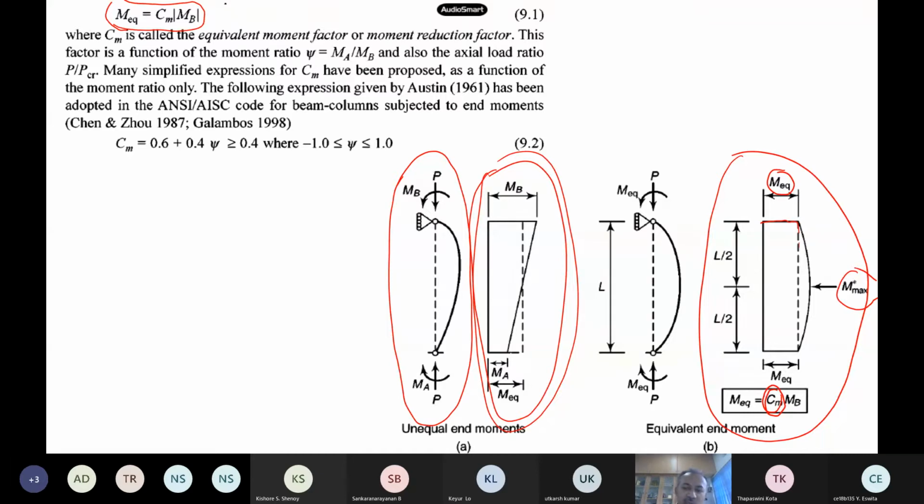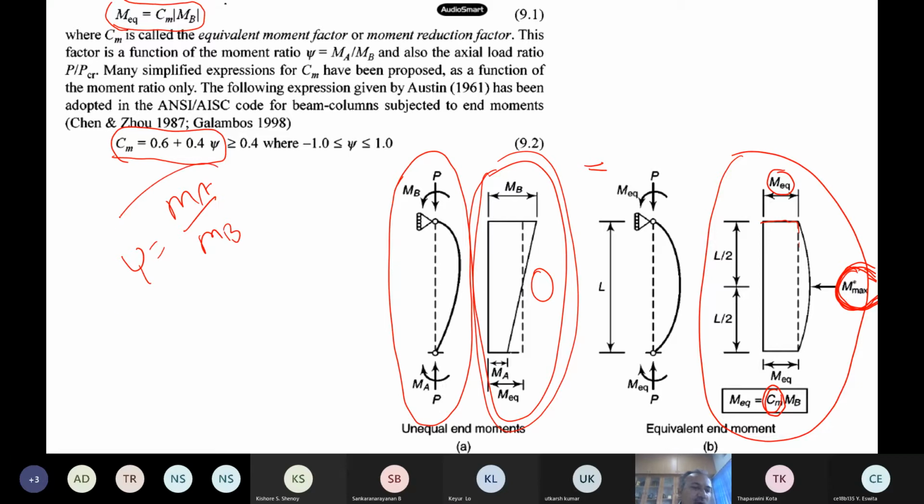When we do this equivalent, the M max from this one and the M max here will be the same. Where the maximum moment is occurring is not important for us; we are interested only in the maximum value, which we will use in the design. So for the simple linear cases, there are equations where psi is MA by MB.